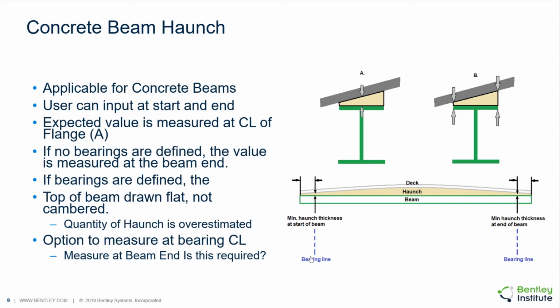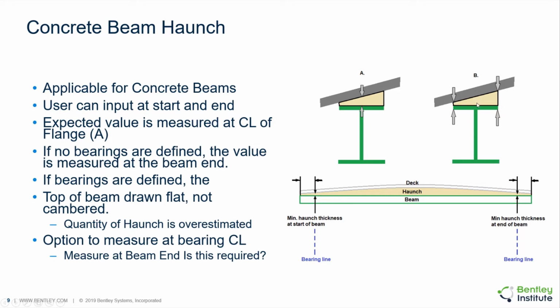But the caveat here is that this hunch is always computed at the center line of the beam. So in that case, you still have to check some of the dimensions, if the bridge is on a heavy skew or a super elevation, because maybe your minimum hunch could be violating certain elements that you don't want.